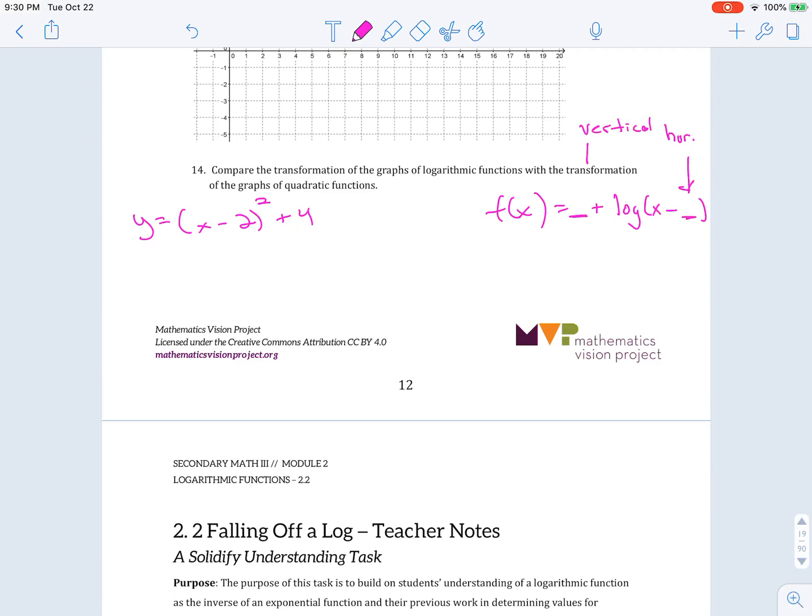For the horizontal, remember, minus is right and plus is left, and vertical is just like you would think it. Positive is up and negative is down.